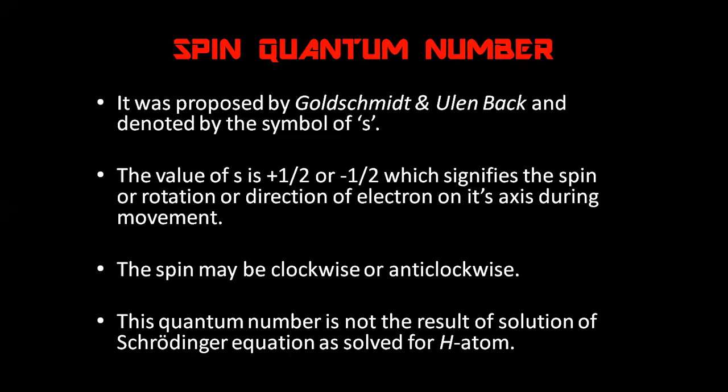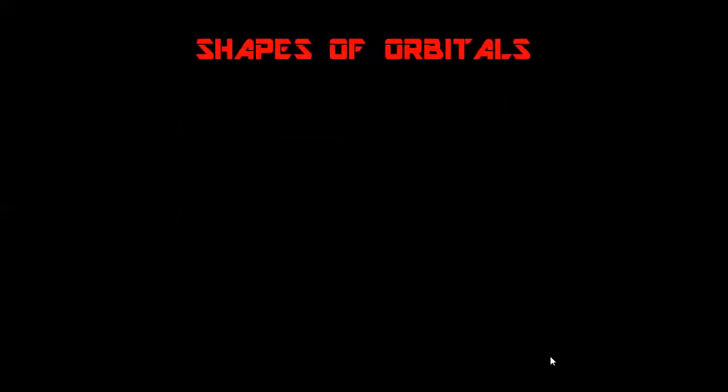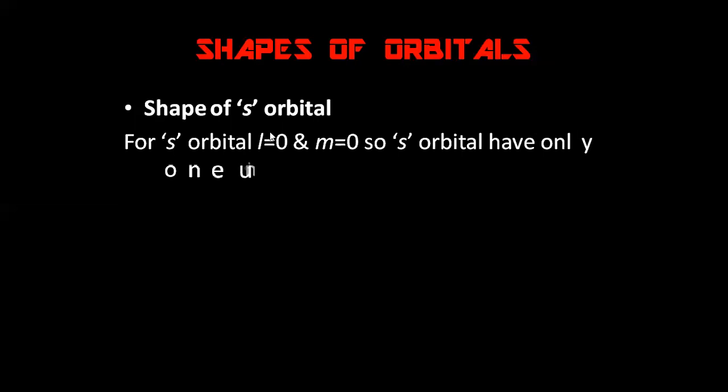So these are the 4 things which we require to identify a particular electron in a multi-electron system. Now coming to the next, that is the shapes of orbitals, as I have told you. So, shape of s orbital. For s orbital, L is equal to 0.